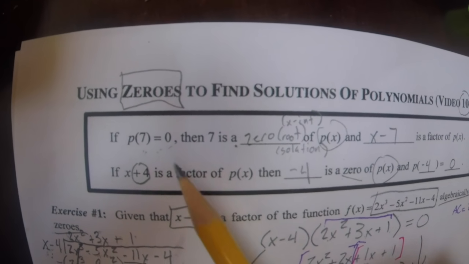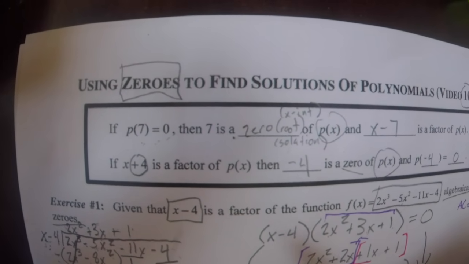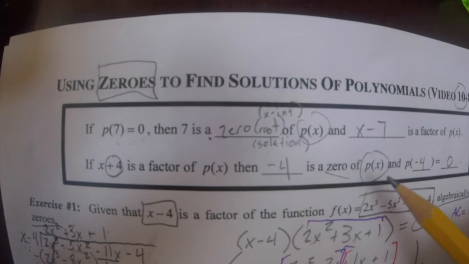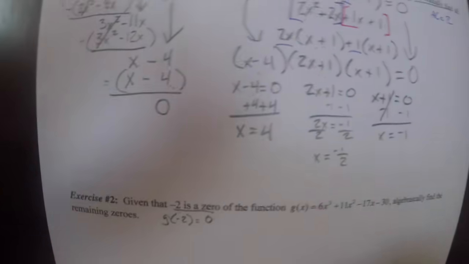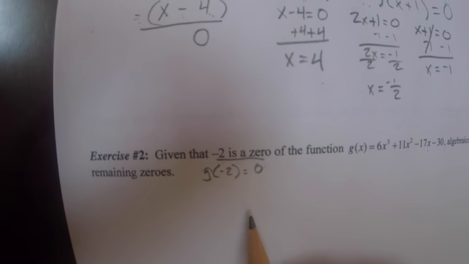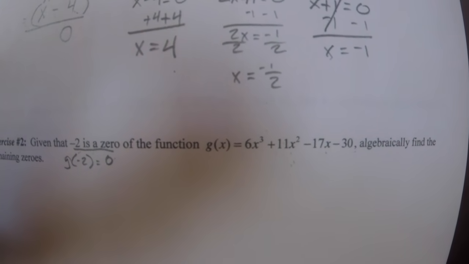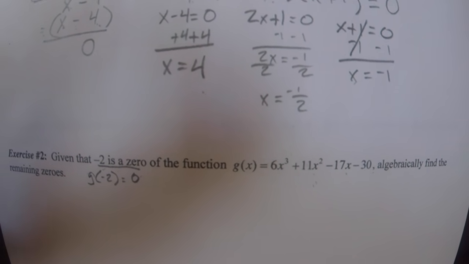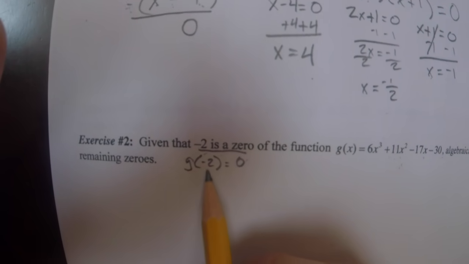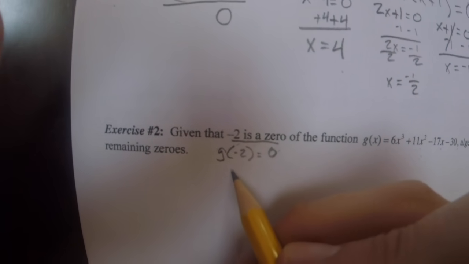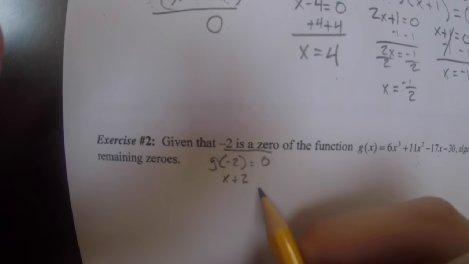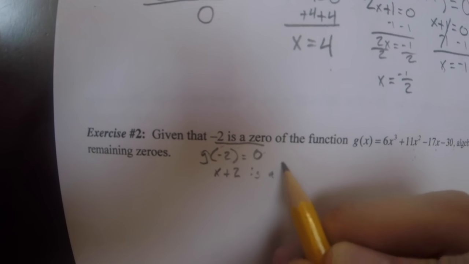Well, that means one of the factors of that function was x minus 7. So if g of -2 is 0, what would be a factor of g of x? Well, it'd be the opposite of negative 2. That means that x plus 2 is a factor.